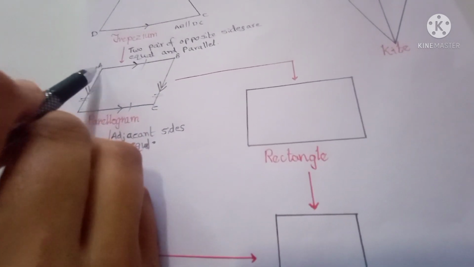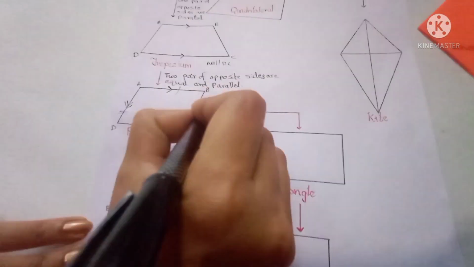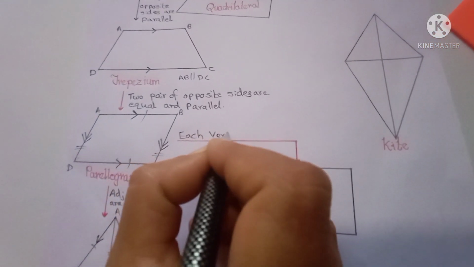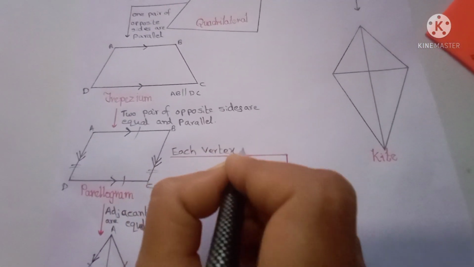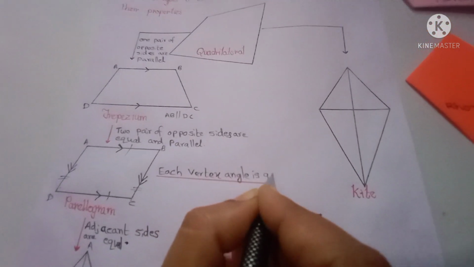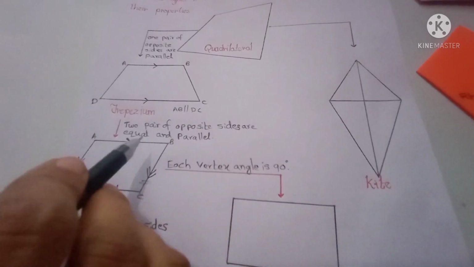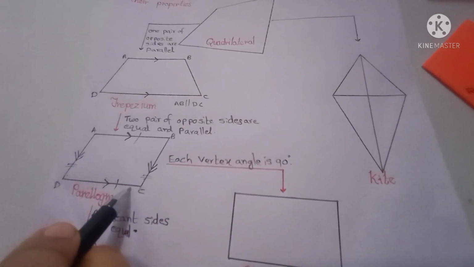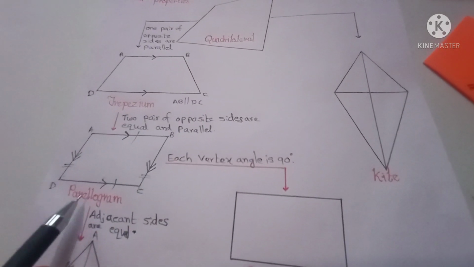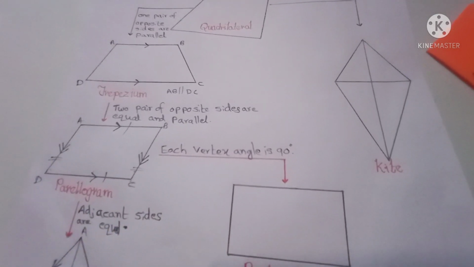If each vertex angle is 90 degrees, then this type of parallelogram is called a rectangle.